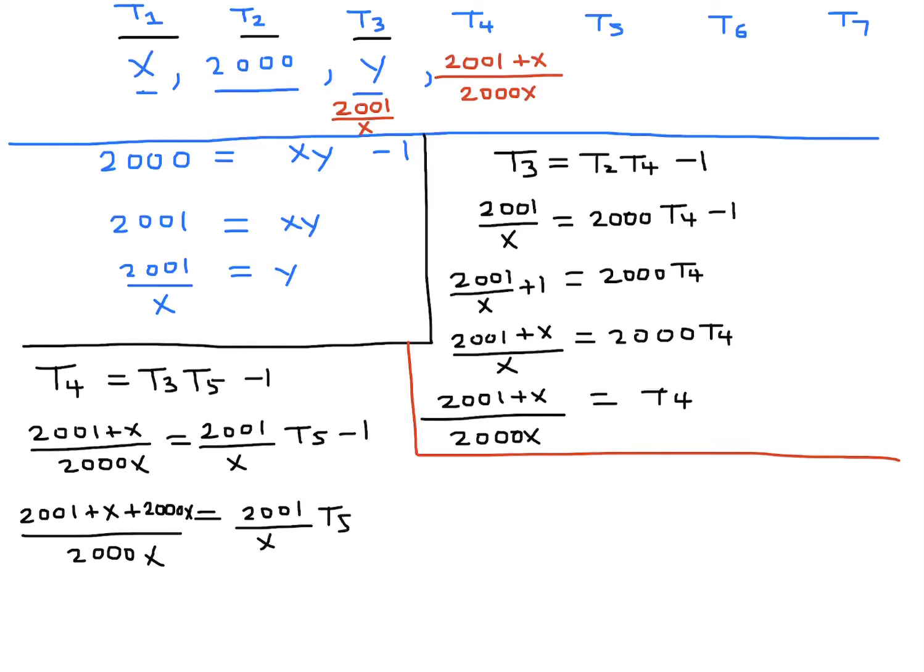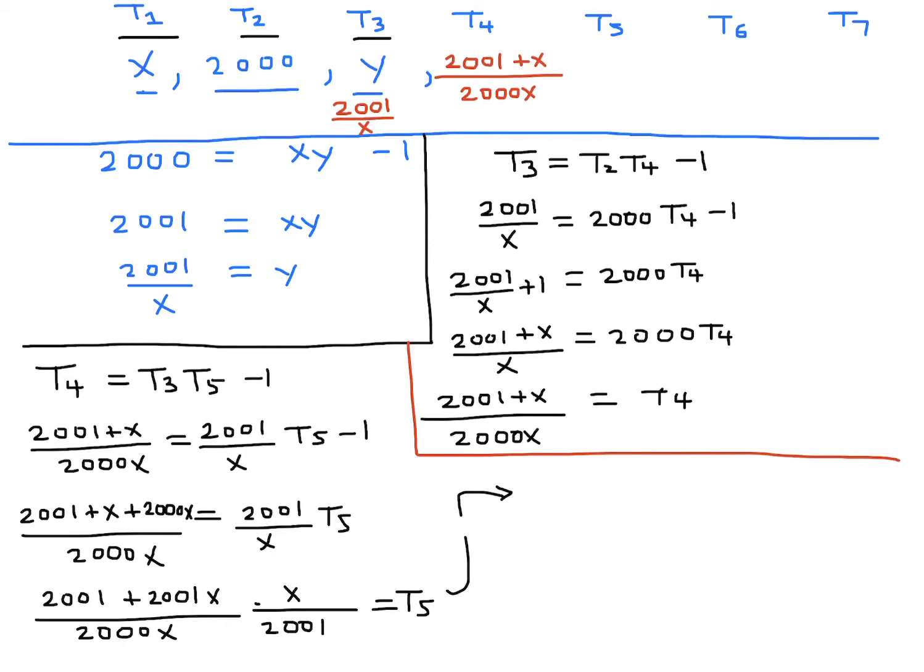And this equals 2001 over x T5. So this looks like 2001 plus 2001x over 2000x times x over 2001 is equal to T5. All right. And let's see, does this simplify in any way?